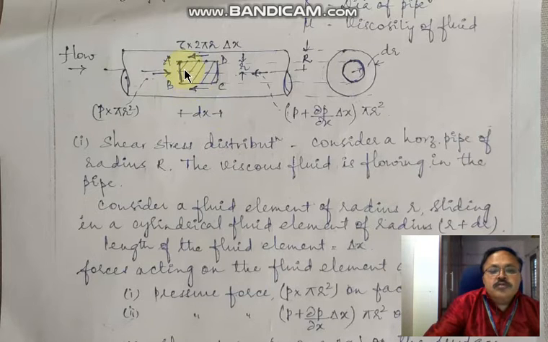Here the fluid element is having the radius small r, so if I consider the fluid flowing through this element, it has the area pi into small r square. Pressure is equal to force by area, so force is equal to pressure into area. So the pressure force is P into pi r square on the face AB.